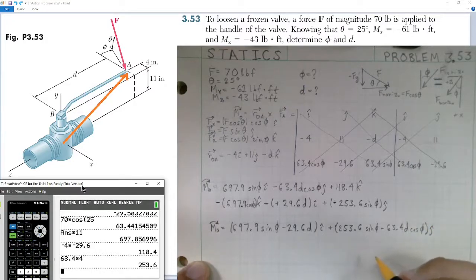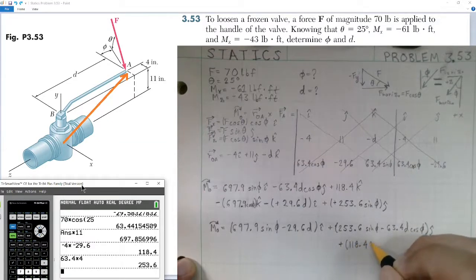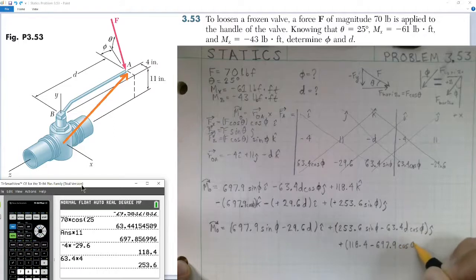And finally in the k hat, we'll go ahead and move this down to the next line. We have plus 118.4 and then minus our 697.9 cosine of phi in the k hat direction.